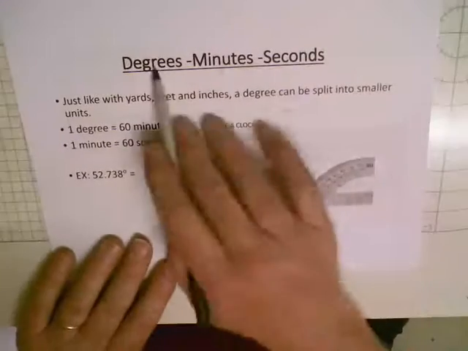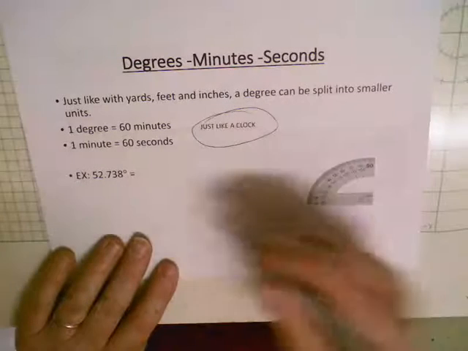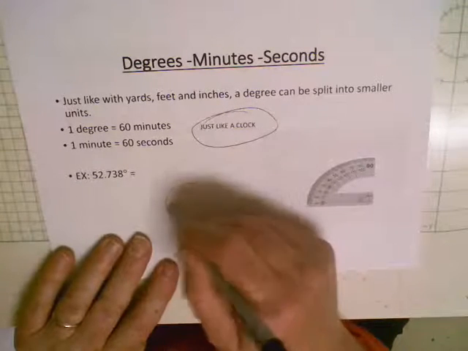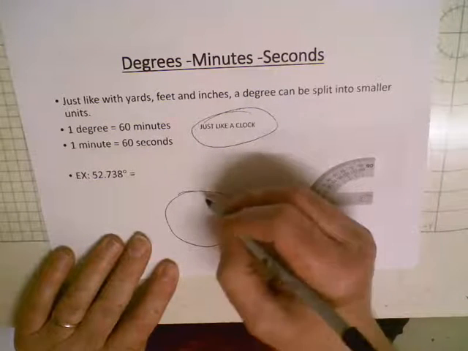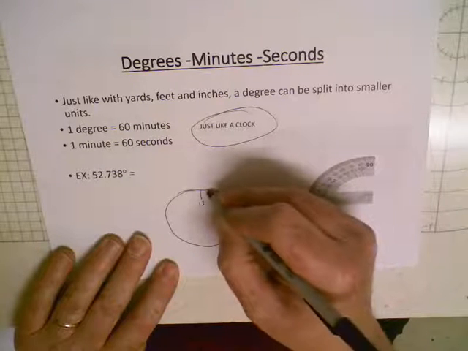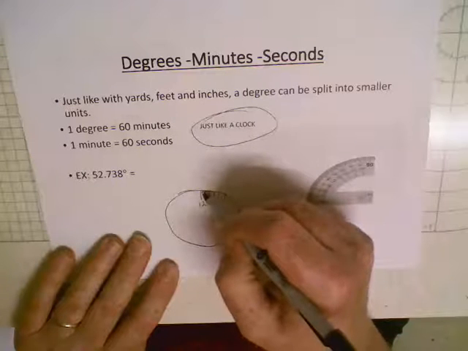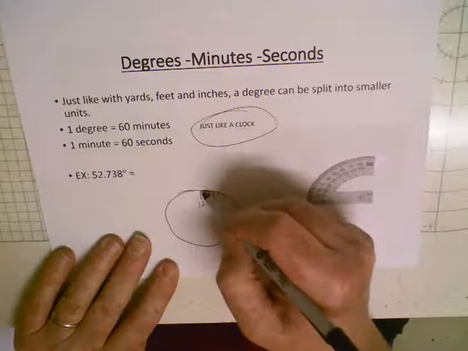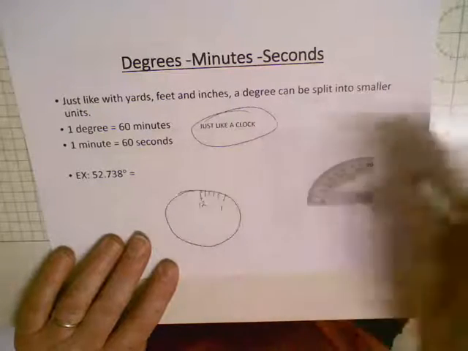Degrees could be split up into minutes and seconds, just like a clock. You could measure it in degrees, 360, but then also on the clock, in between each of those numbers, it's split up into minutes, and then it's not on the clock, but every minute is also split up into seconds.